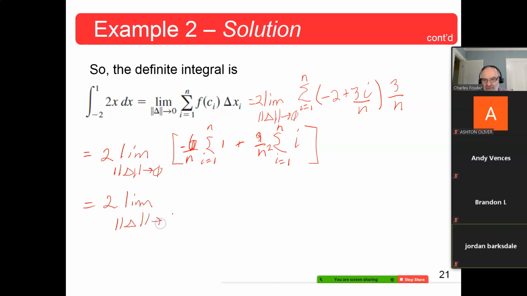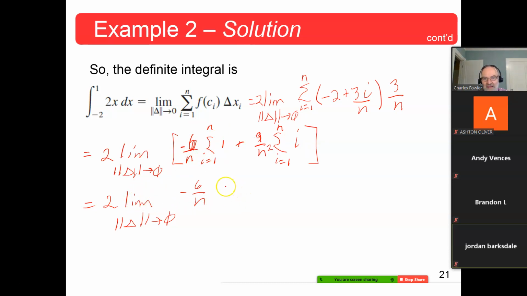That's the largest increment, which means of course the n is going to infinity. Now this part here will be -6 over n. That's all outside the summation, but within the limit.